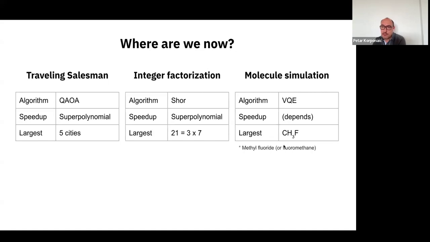So a quantum computer can simulate the minimal energy of the molecular bond of 5-atom molecules, which are relatively small molecules, and not all 5-atom molecules.